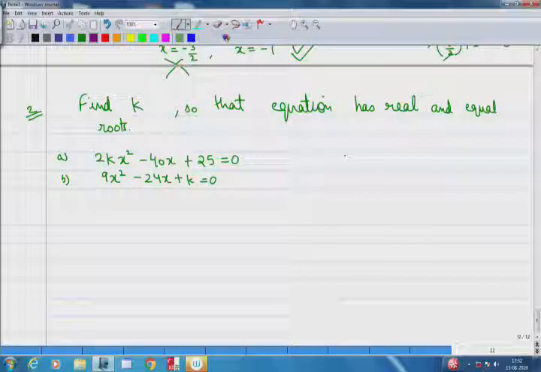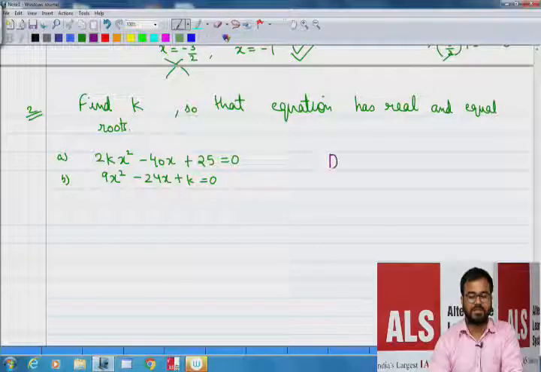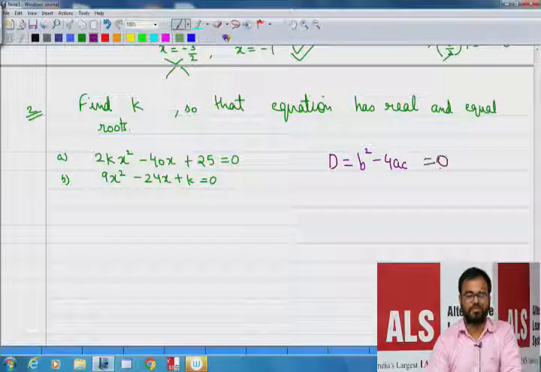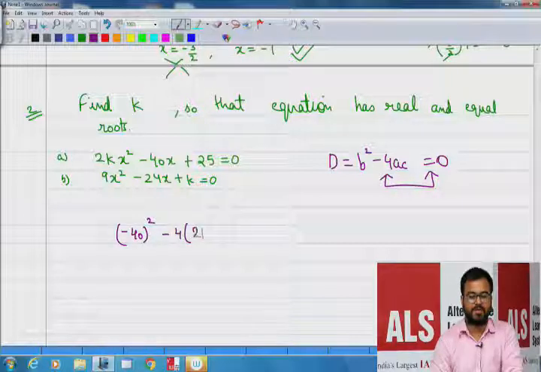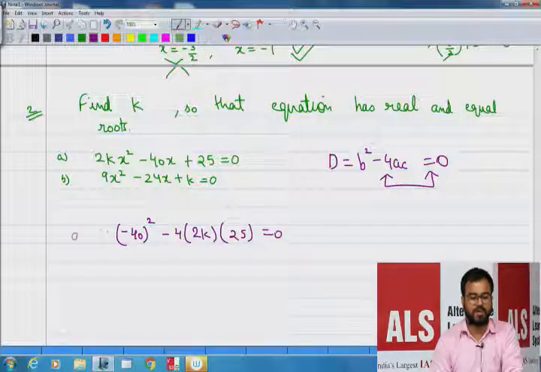Now, Itanagar, that is the right answer. So, for real and equal roots, the discriminant D is equal to B square minus 4AC, that has to be 0. For the first equation, B is minus 40, A is 2K, the coefficient of x square, and C is 25, that is equal to 0 for the A part.